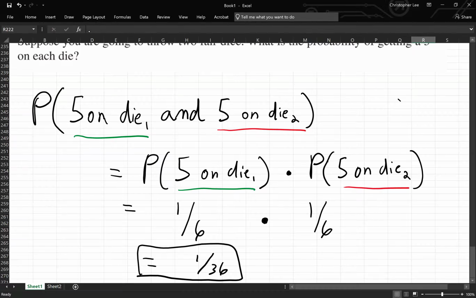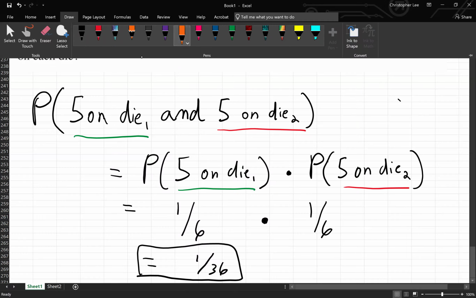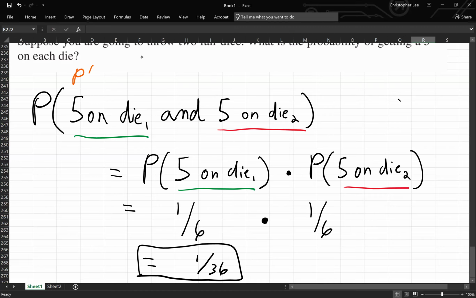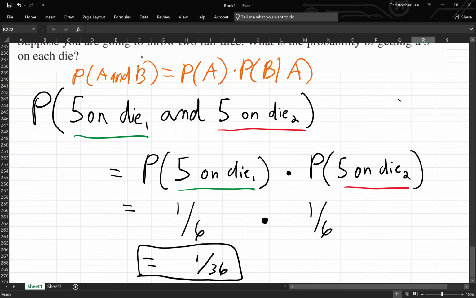If this was a test question, the only other step I would have written is the original formula up top, the one on the formula sheet: probability of A and B is equal to probability of A times probability of B given A. That's the only other step I would have done.